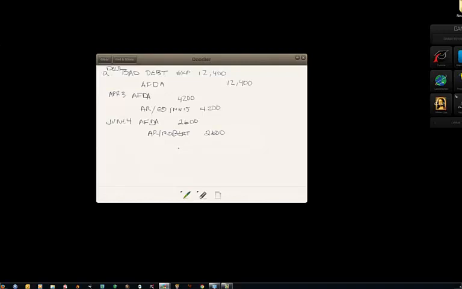Okay, August 5th. Recovered $520 from Robert Thompson. Now, we just wrote off his account, so we'll need to reinstate it for the amount that he paid. Remember, we're using the allowance method.